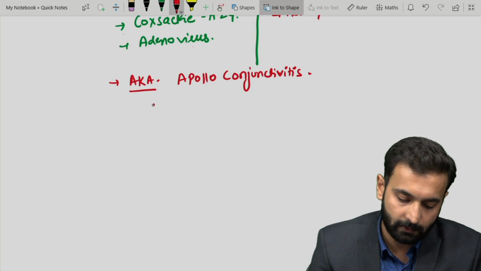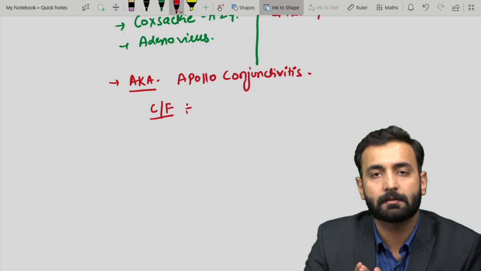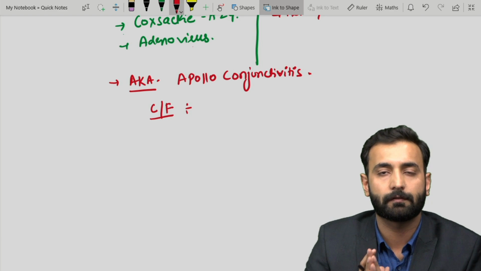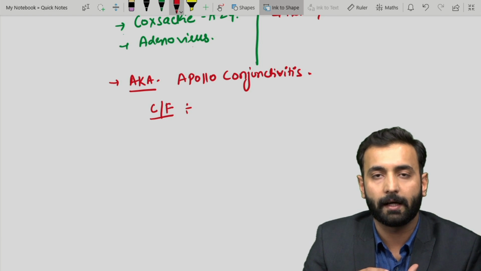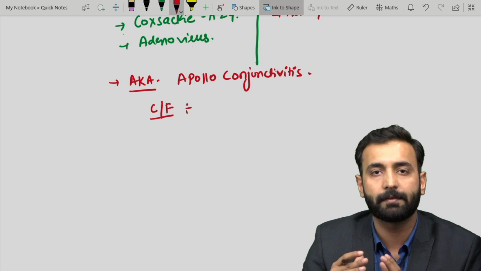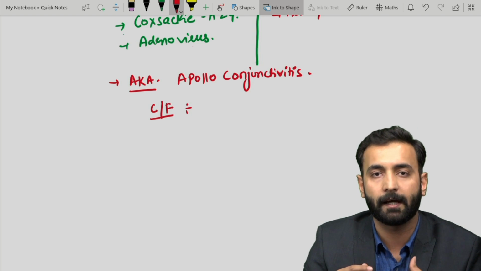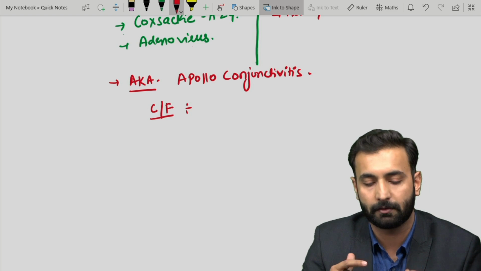So let's discuss the clinical features. In acute hemorrhagic conjunctivitis, the patient will have all the features of conjunctivitis. What are the features? Patient will have red eye, conjunctival congestion, complaint of discharge, photophobia, blepharospasm. So apart from all the features of conjunctivitis, patient will have additional subconjunctival hemorrhage.